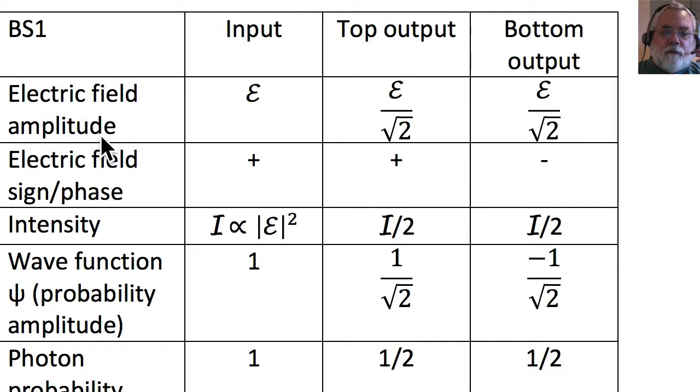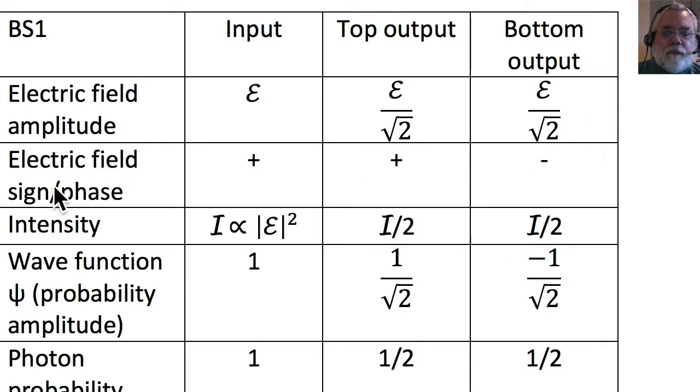If the electric field amplitude was E, then each of the top and bottom outputs gets a lower electric field, E over square root of 2. But the amplitude will be the same because it's a balanced 50-50 beam splitter, but the electric field goes down by a factor of square root 2, so 1 over square root 2.